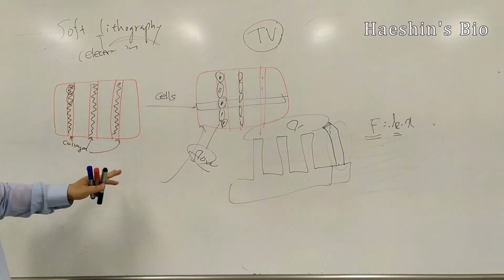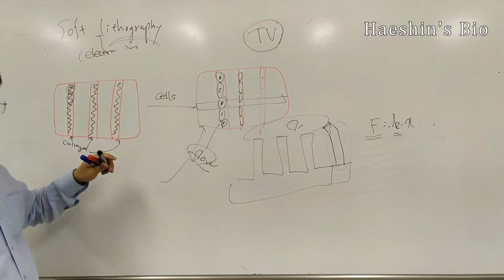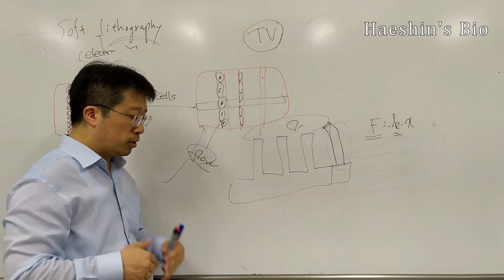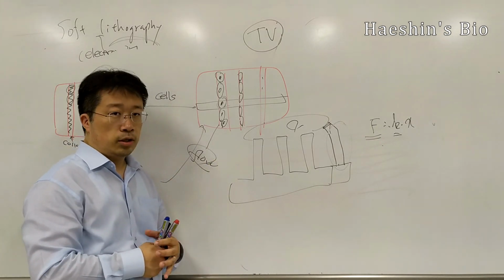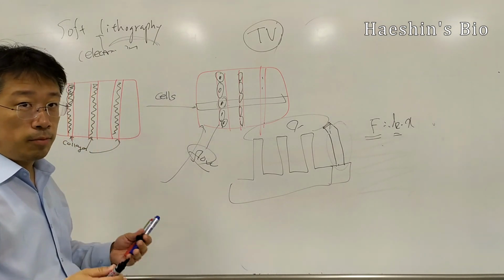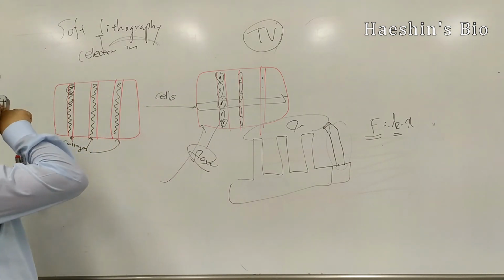So soft lithography, generally speaking, is a technique coming from the semiconductor industry, but it is useful for studying biological and chemical biology systems.